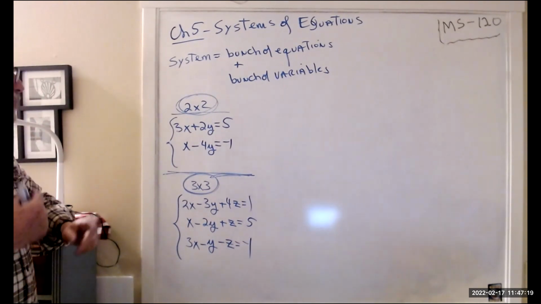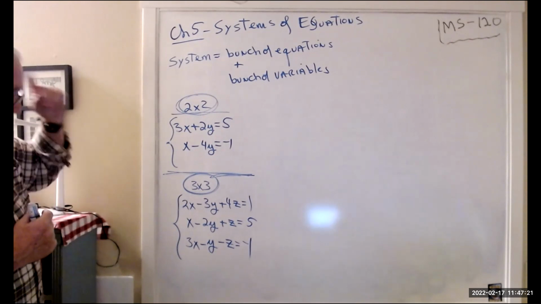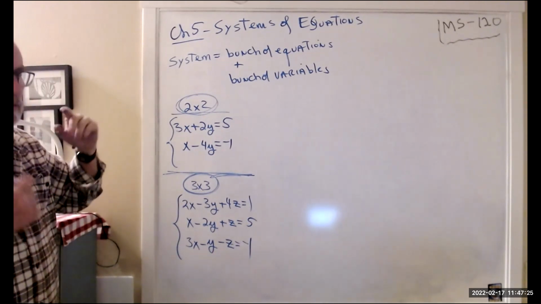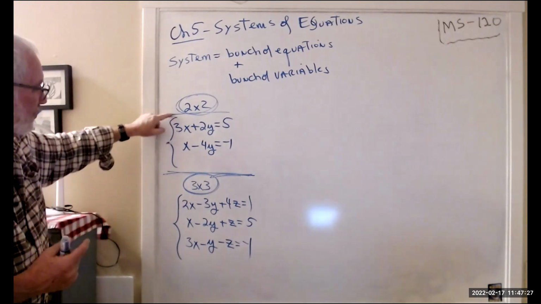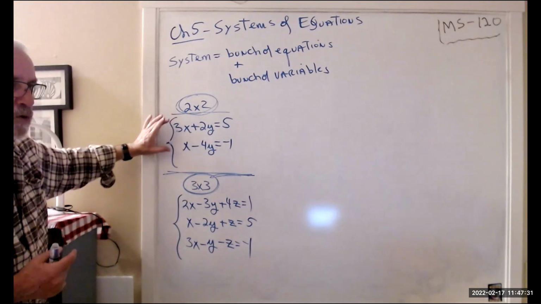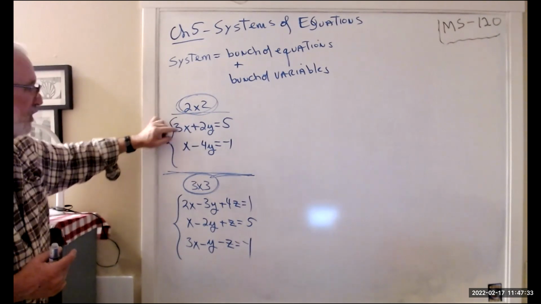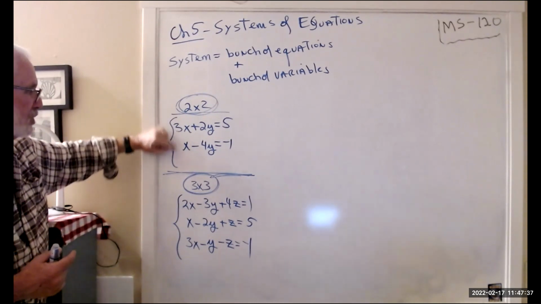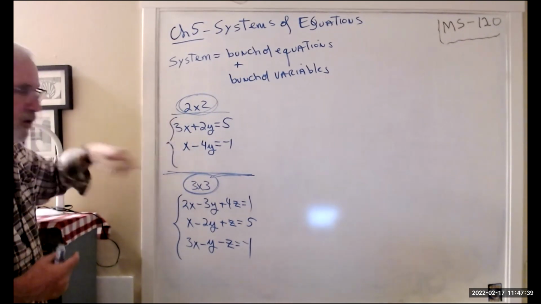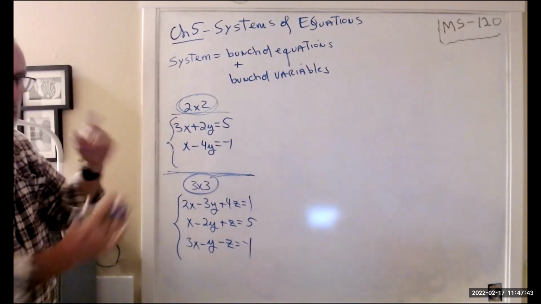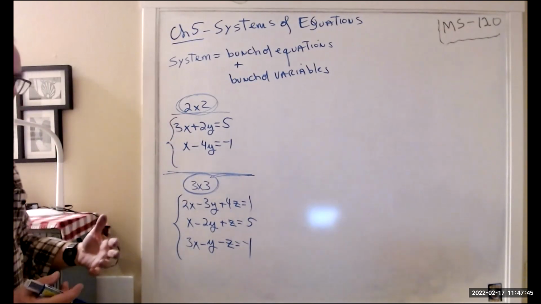Okay, so a couple things here. Most textbooks, but not all, put this funny brace out here as their way of tying these two equations together. Instead of seeing these as two separate equations in this 2x2 system, by putting the brace out here, you're supposed to go, oh, those are two equations that are part of one big problem.